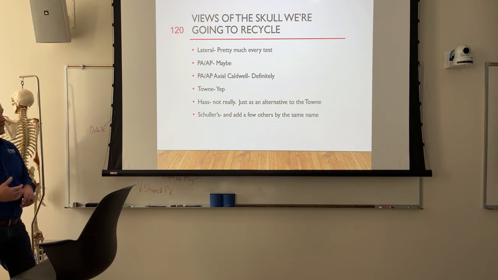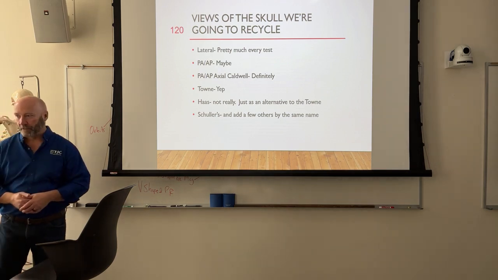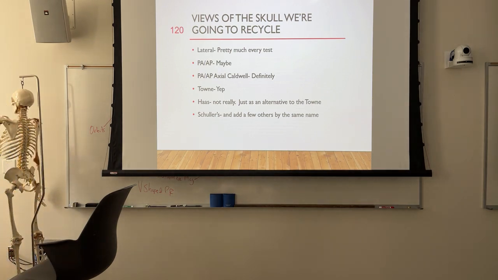And as for Schuller's, we're going to add some to it. We're going to use the SMV Schuller's, but we're going to add some other ones to it as well. So that's the rest of our semester right there. With some other things, there's some Waters and other things we're going to throw in there as well. Okay? Any questions?